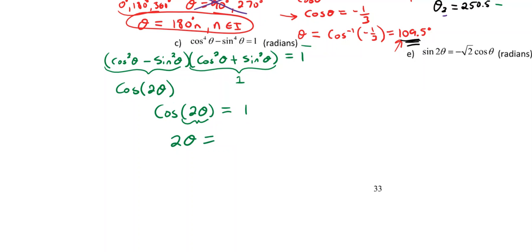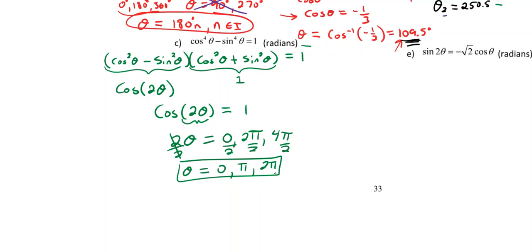So that would be at 0 and 2 pi, right? And 4 pi, if you kept on going around. Okay, so now really what I'm going to do here is just divide everything by 2. And that's where theta would be. So theta would be equal to 0, and then pi, and then 2 pi. Okay, so this is what our actual pattern would be for theta.